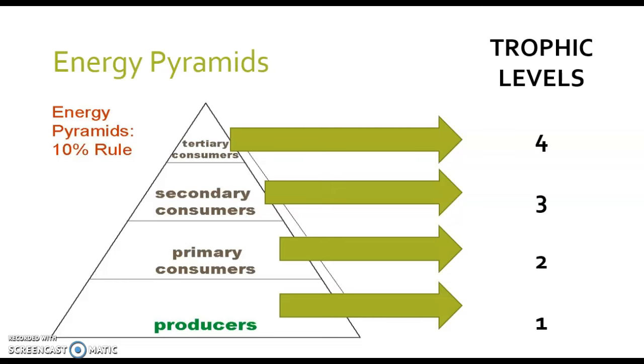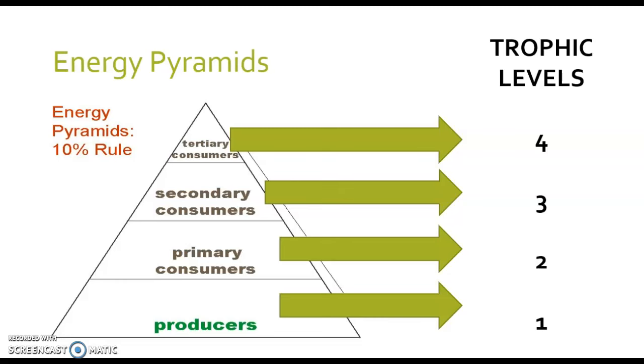Also, I want you all to notice the model. In an energy pyramid, we're very strategic in using a pyramid. And that's because as you move up the triangle, what do you notice about each level? Well, if you were thinking that the level is getting smaller, you're exactly right. As we move up, each level gets smaller. But what's actually getting smaller?